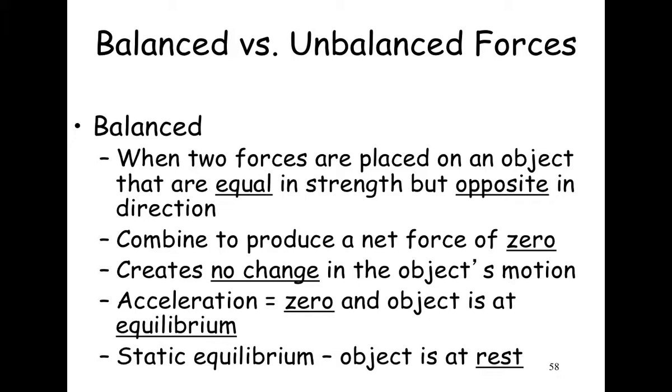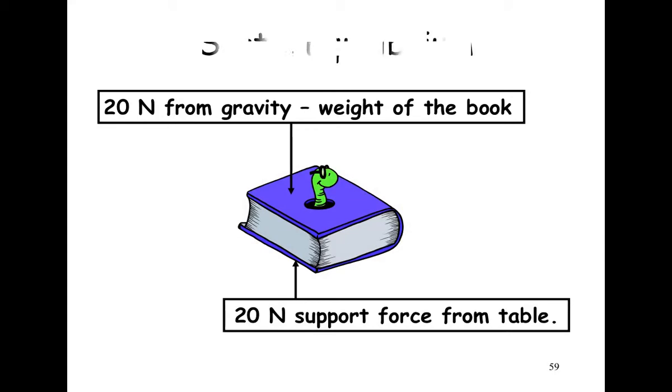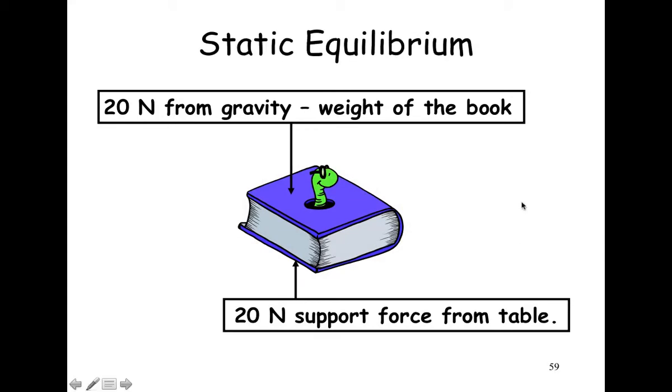Now there are two types of equilibrium that we can have. We can have static equilibrium, which is the first one we're going to look at, where the object is at rest. For instance, let's take a look at the example here with a book on the table. I can have 20 newtons of the book pushing down. That is the weight of the book and that is a force.